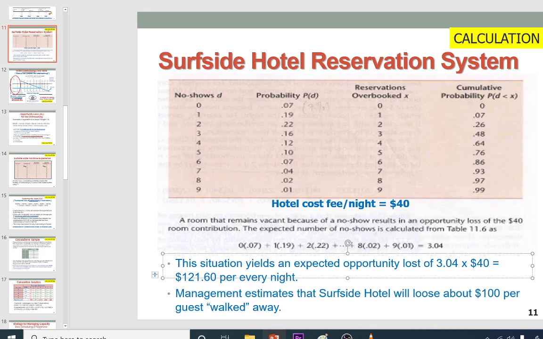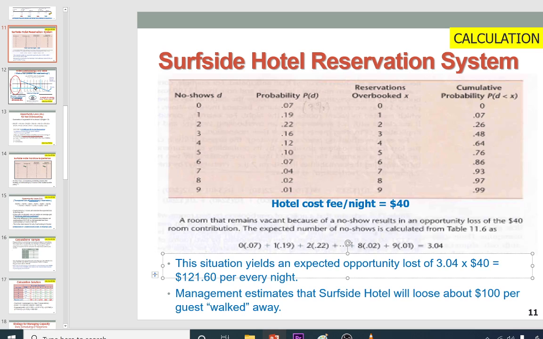In general, the management of the Surfside Hotel estimates a loss of roughly $100 per night for any one guest who walks away, in which case that guest needs to go to another hotel to stay. So one night costs $100, experienced by the customer who is refused a stay at the hotel.